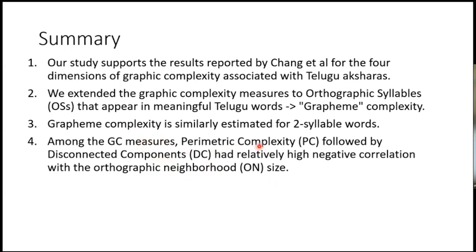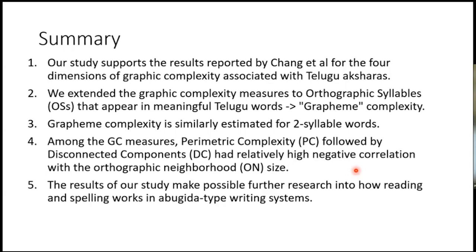Among the GC measures, we see that PC and DC have relatively higher negative correlation compared to the other GC measures such as simple features and connected points. So these results make possible further research into how reading and spelling works in Abugida type of writing systems.